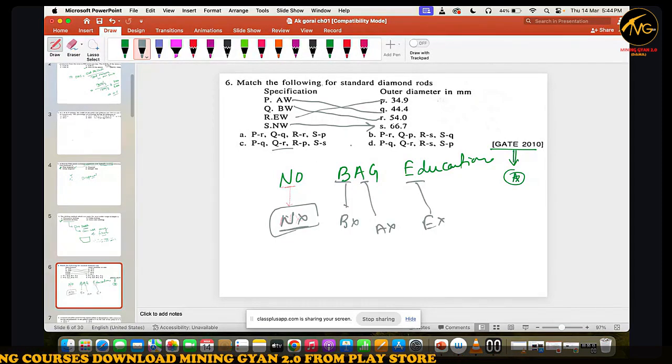Okay everyone, I think the answer in the AK Gorai book is wrong. You should check. This will be our answer.